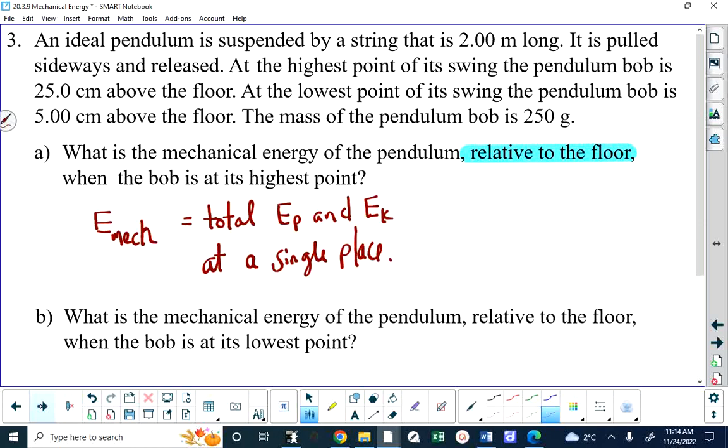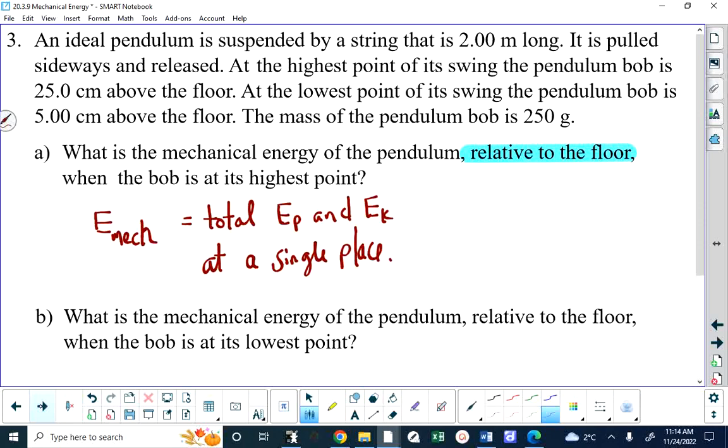Are you with me? What kind of energy does it have at this point in time? Potential? mgh? Does it have any kinetic here? No. So if you calculate the potential energy at the highest point, you will have found the mechanical energy. On the other hand, had I told you that at the lowest point it has a particular speed, you could find the energy there.